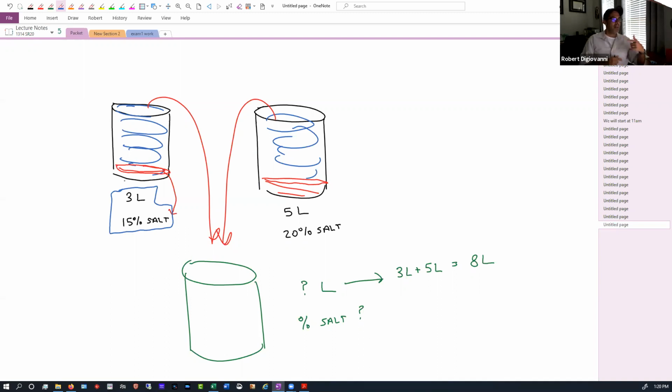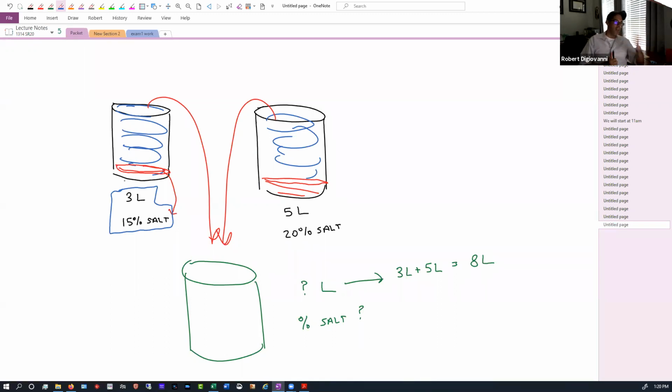So there's a way that you can figure out how many liters of salt there are by knowing the percentage. What if I told you you had 3 liters mixed, but 10% of it was salt? How many liters of salt would you have? If it was 50%, I think most people were like, oh, just halve it, right?